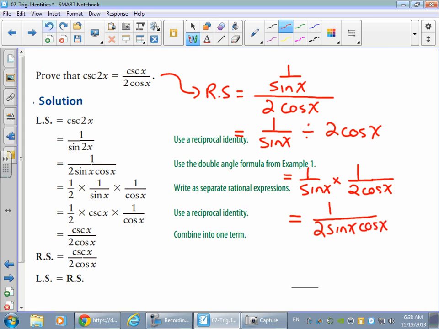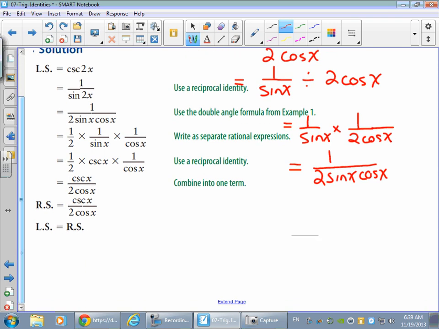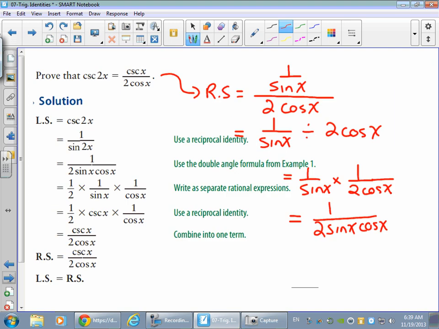So, to be honest, when I did this one, this is what I did to start. I wanted to come up with a solution here that was different than the one the book gave. Unfortunately, when I switched to this point here, I got a little bit hung up. I guess we could continue it based on what we saw back here. 2 sine x cos x is the same as sine of 2x. Okay, so I guess we can keep going then.